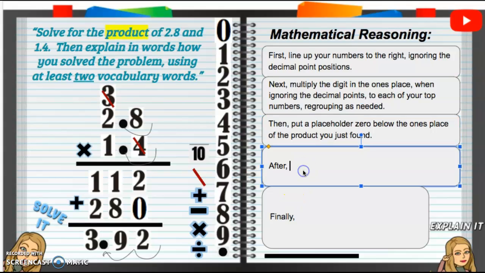After, multiply the 1 in 1 4/10 through each of the numbers on top. And add your 2 products.